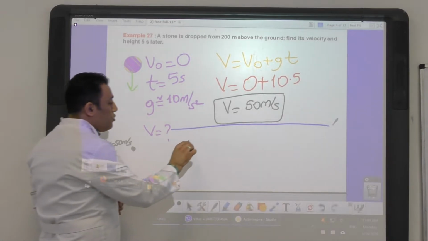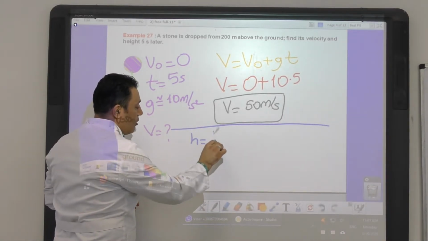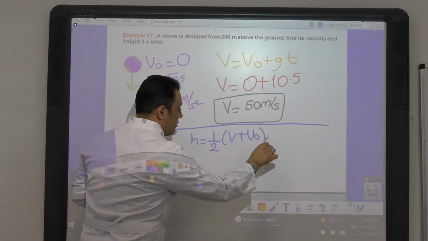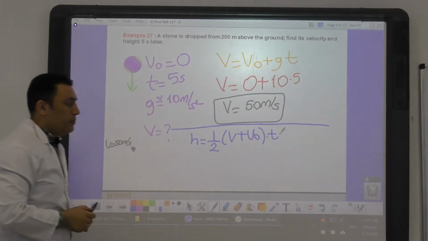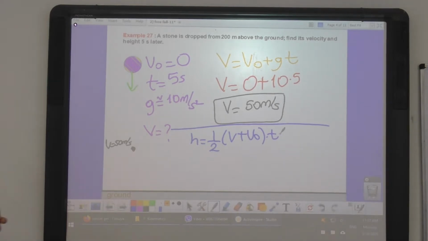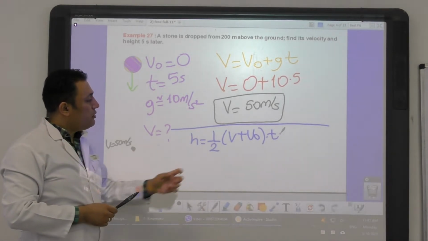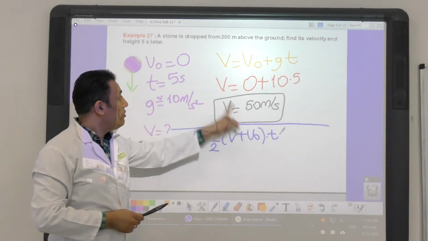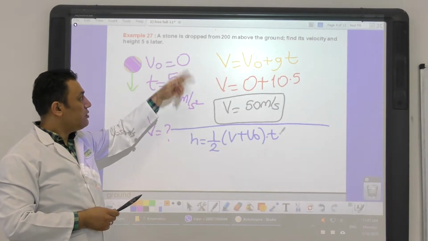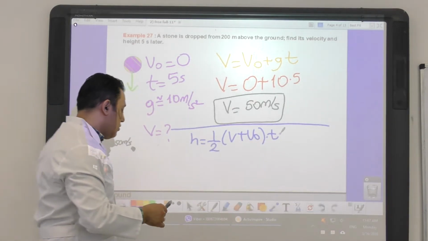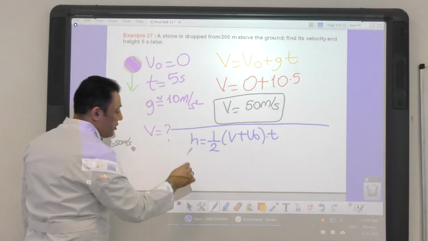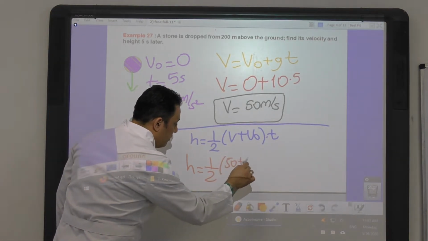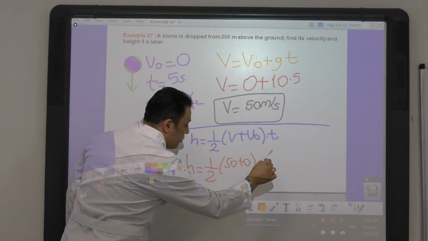So, I can use the formula h equals 1 over 2 times v plus v0, multiplied by t. I know that the final velocity after 5 seconds is 50 meters per second, the initial velocity is 0 because we just dropped the object, and the time is 5 seconds.